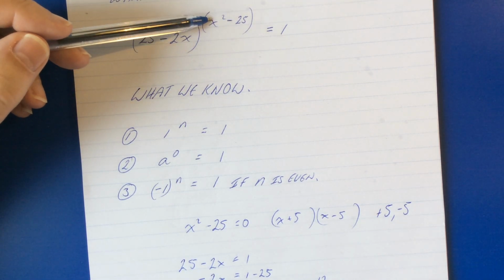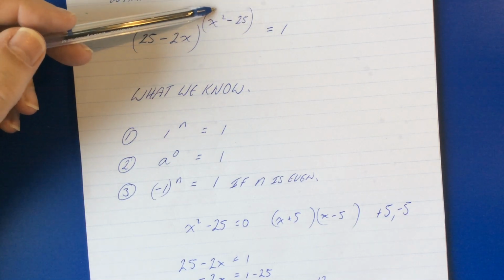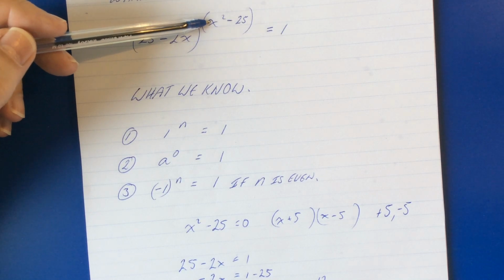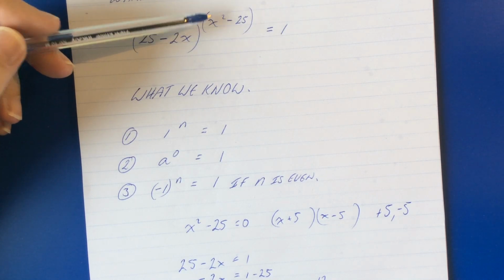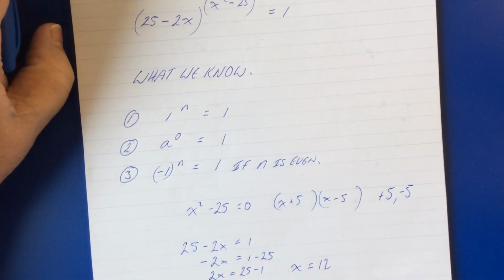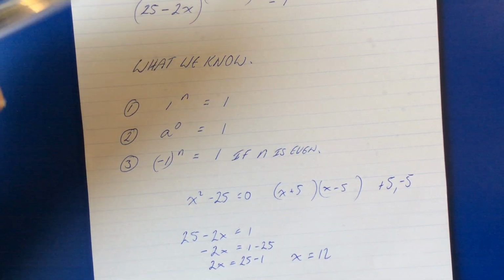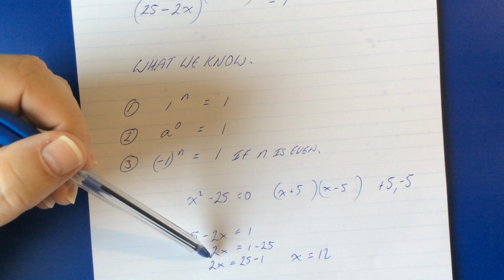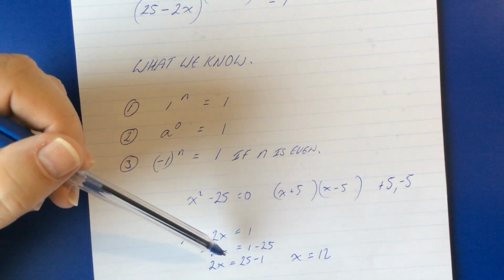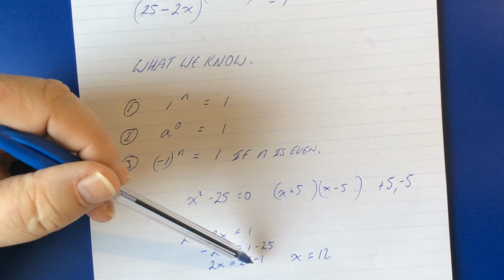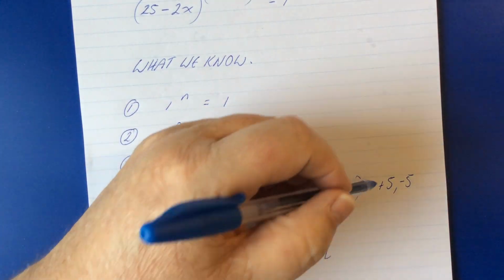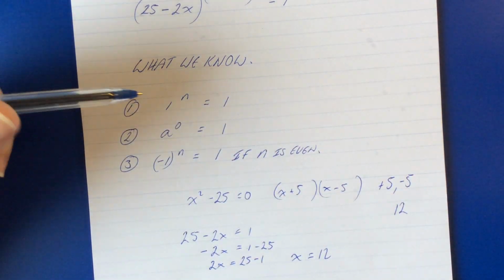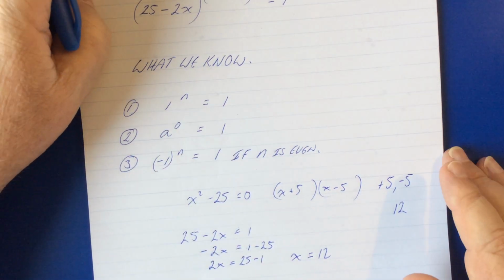It wouldn't matter what the power was up here, because, let me just put that into focus and talk to you about that again. 25 minus 2x equals 1, negative 2x equals 1 minus 25, 2x equals 25 minus 1, x equals 12. So we'll add that to the pile of numbers that this could possibly be.